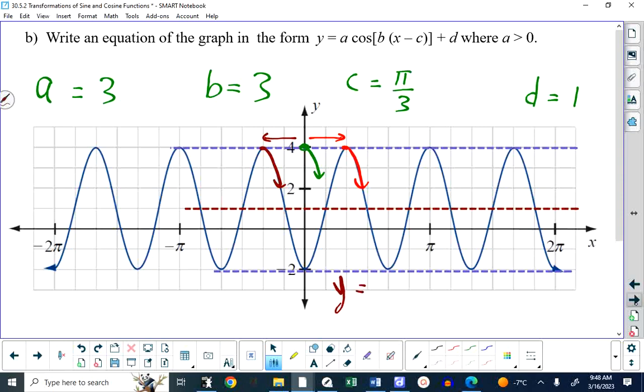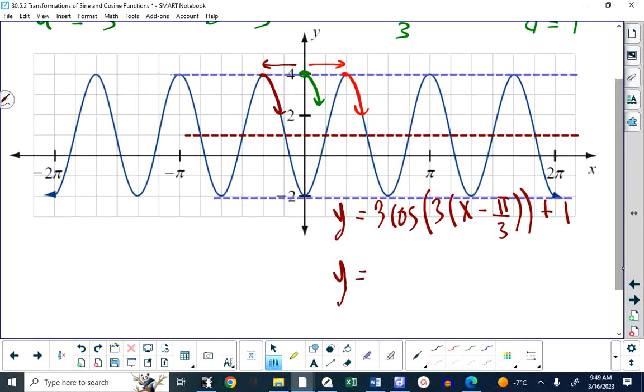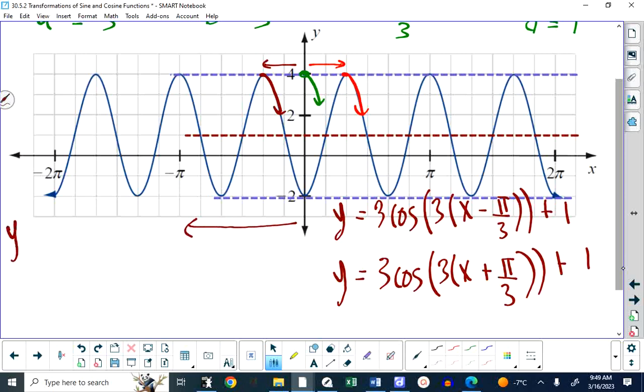Just given the context of this question, there would be nothing wrong with you writing this, or writing this, or, I mean, you need to be adaptable in this. This is Math 30. You could write this equation this way.